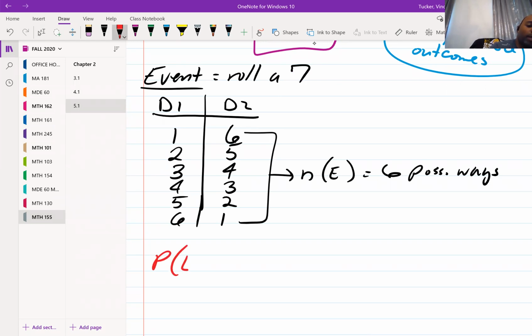So now the probability of that event is going to be 6 over 36. And that can reduce down to 1 over 6.